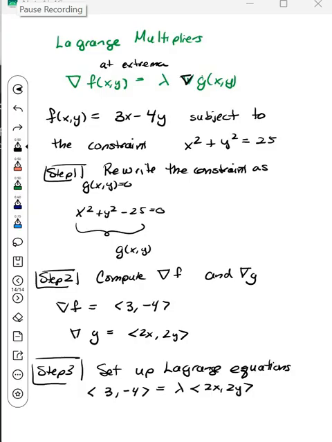And then you're going to pull out the components. Can you go through solving for gradient f and gradient g again? It's just the partial derivative with respect to x is the first component, partial derivative with respect to y is the second. So let me put little notation here. Gradient f is the vector of partial derivatives.